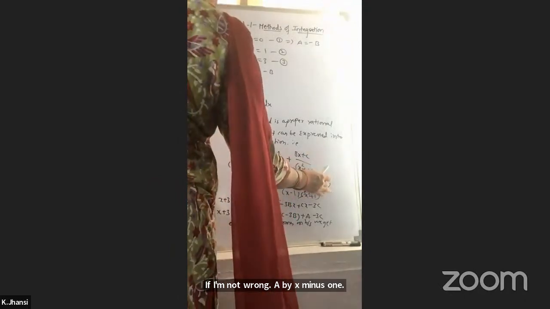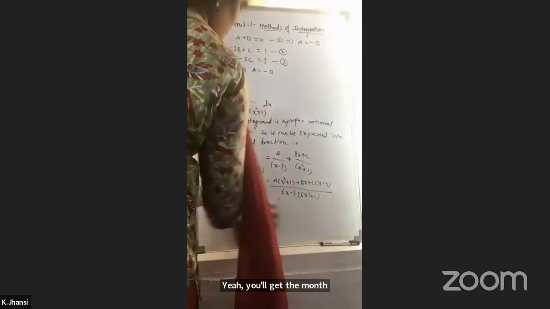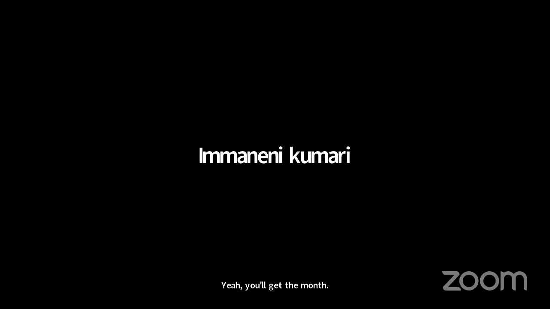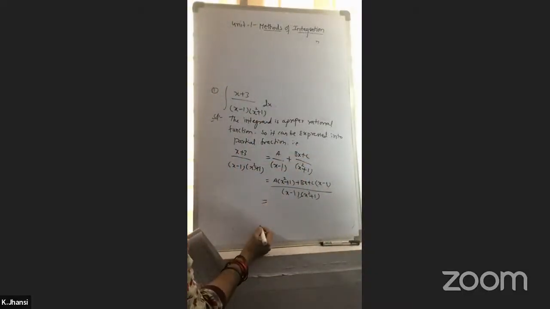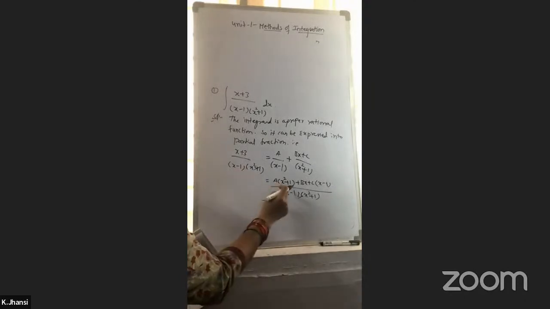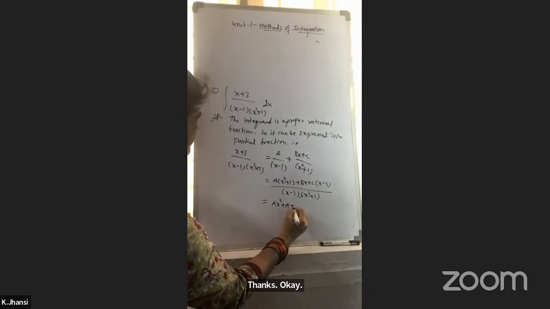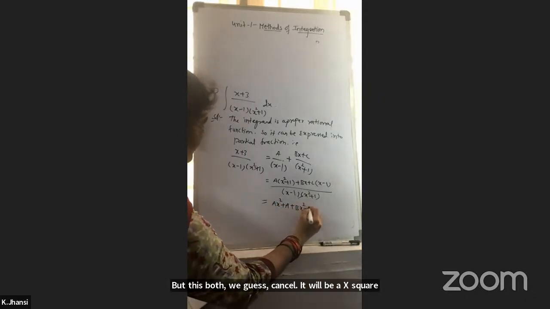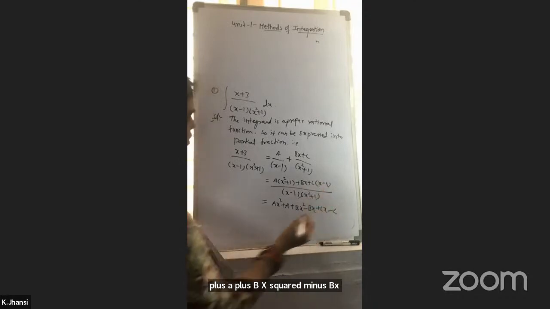Here you will get 1. We have x minus 3. Now both will get cancelled. It will be a x square plus a plus b x square minus bx plus cx minus c.